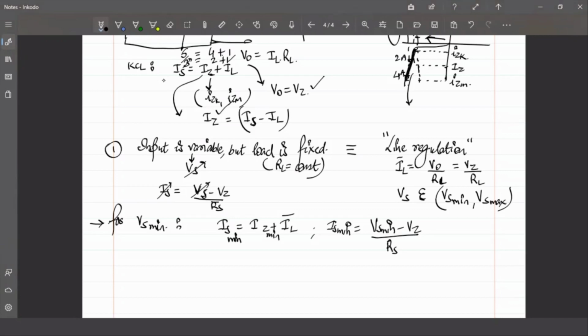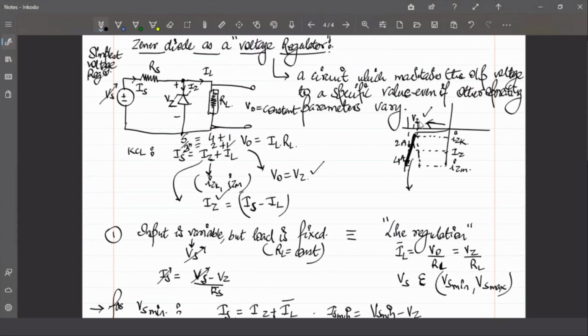So if I substitute the value of Is minimum here, what will be the value of Is minimum at this boundary condition? The boundary condition, this Izk value or Iz minimum value, can be understood to be negligible. Even though we have shifted and showed this point below the x-axis significantly, this is a very negligible current, right?